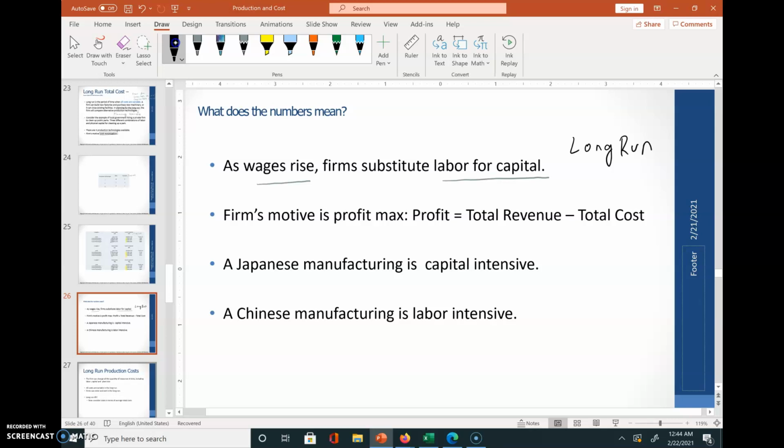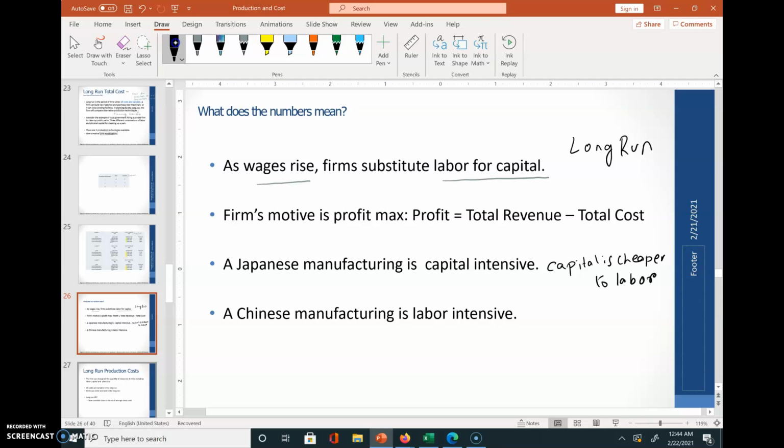So, as you can see here, Japanese manufacturing is capital intensive because I would say in Japan, capital is cheaper than labor, so they are going to hire more capital than labor.